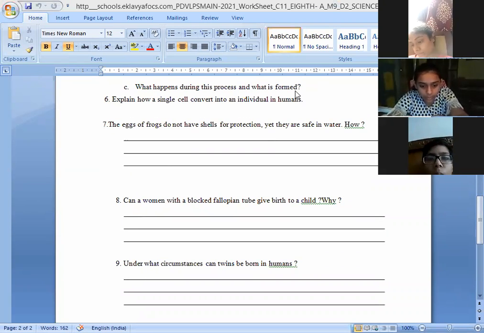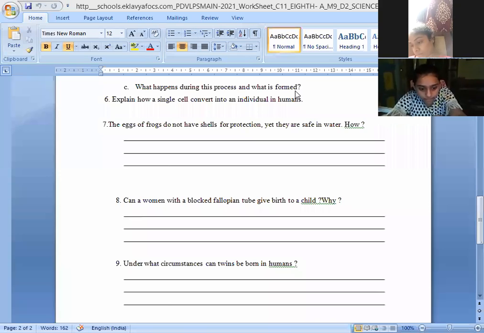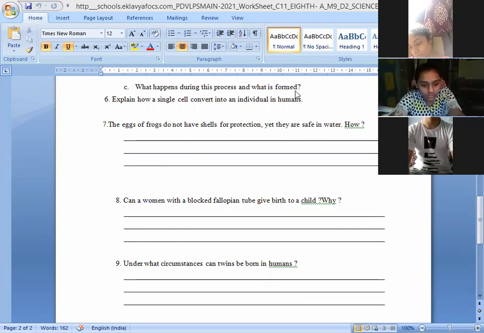And then the embryo is formed, the different tissues and organs will develop, and then the body parts will be identified. Okay, so first there is a single cell. After that, division of cells takes place. A ball of cells is formed, and that ball of cells slowly starts developing. That developing stage is known as the embryo. And after that, further development takes place in the embryo.